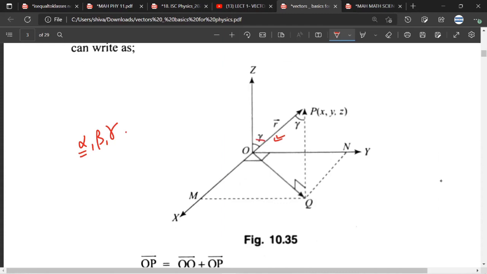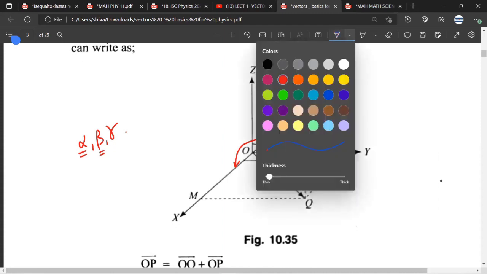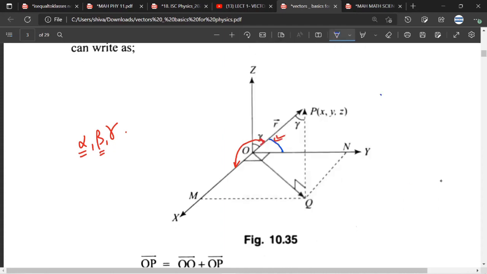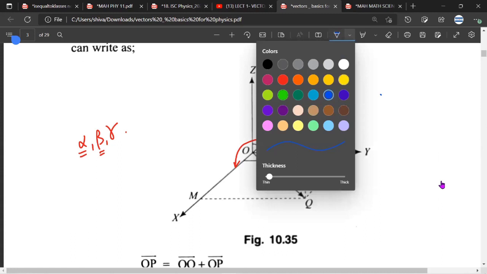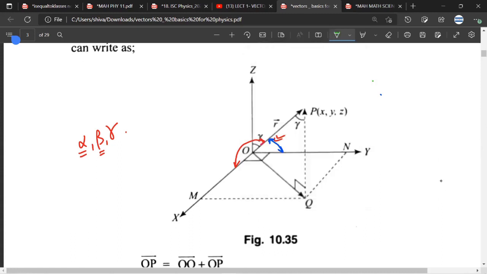Are you able to imagine it? Angle beta is the angle that this rod makes with the y-axis. And angle gamma is the angle that this rod makes with the z-axis. Are you able to visualize this? Yes.